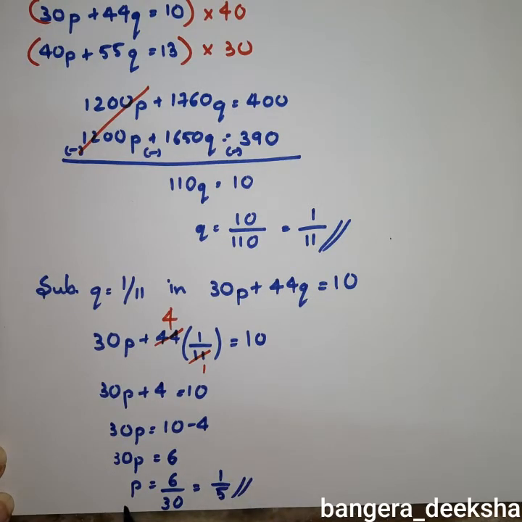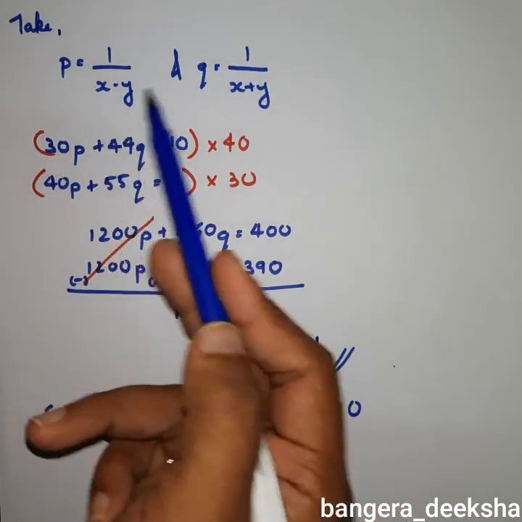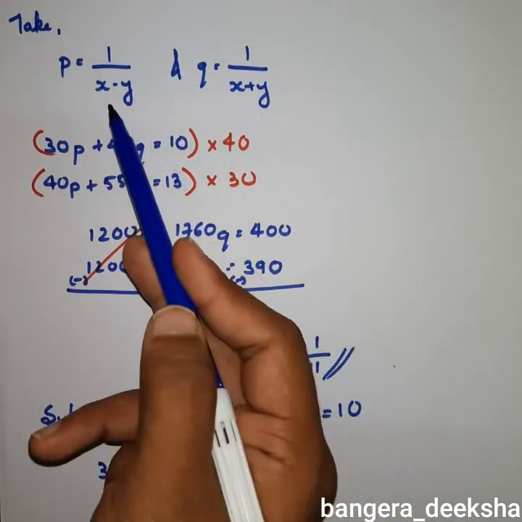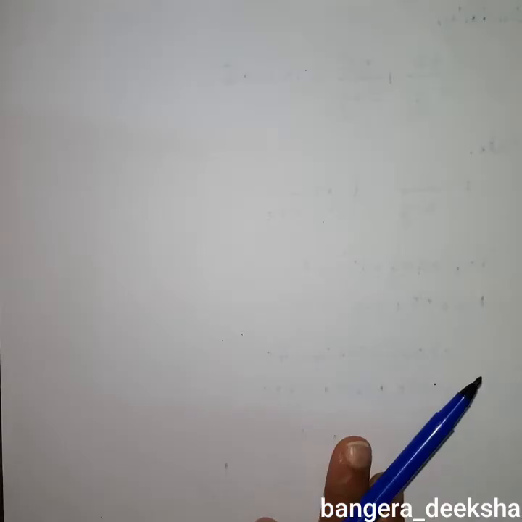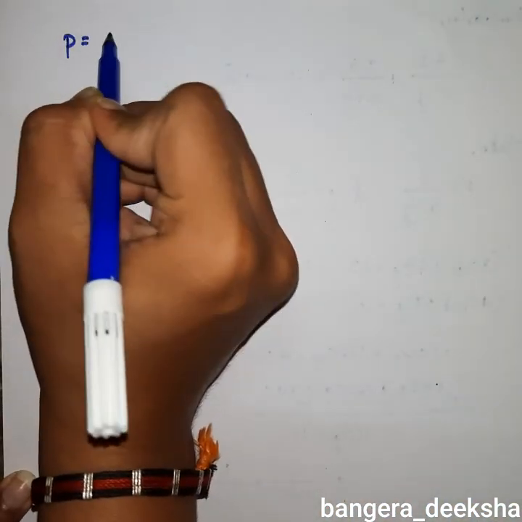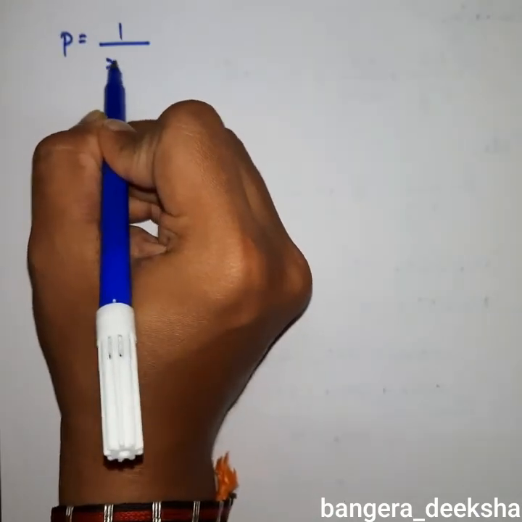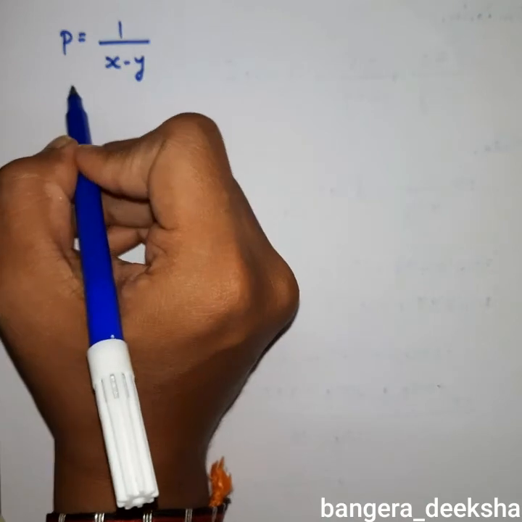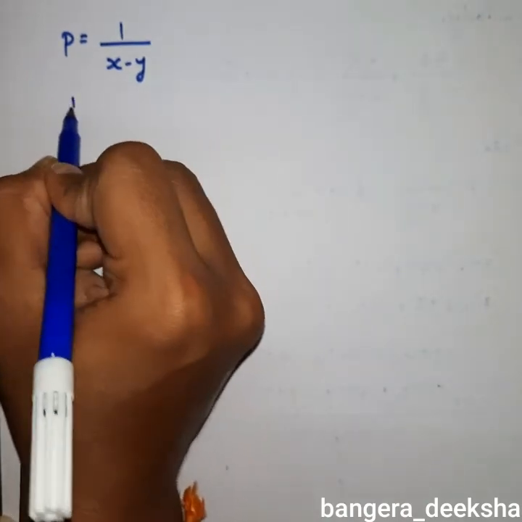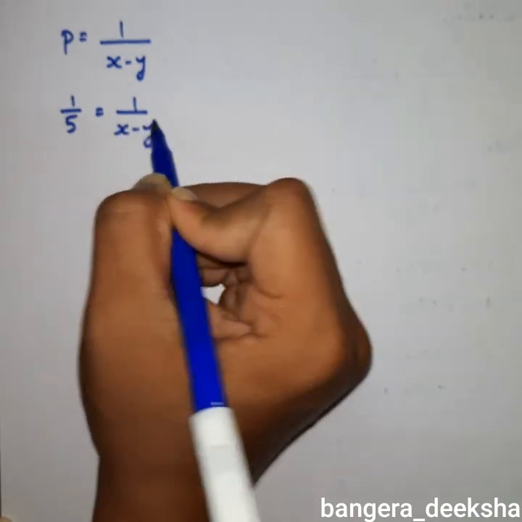So I got the value of P, got the value of Q. Now these two values I'll substitute in the previous definitions of P and Q. P is equal to 1 divided by x minus y, and I've got the value of P as 1 divided by 5, so that is equal to 1 divided by x minus y.